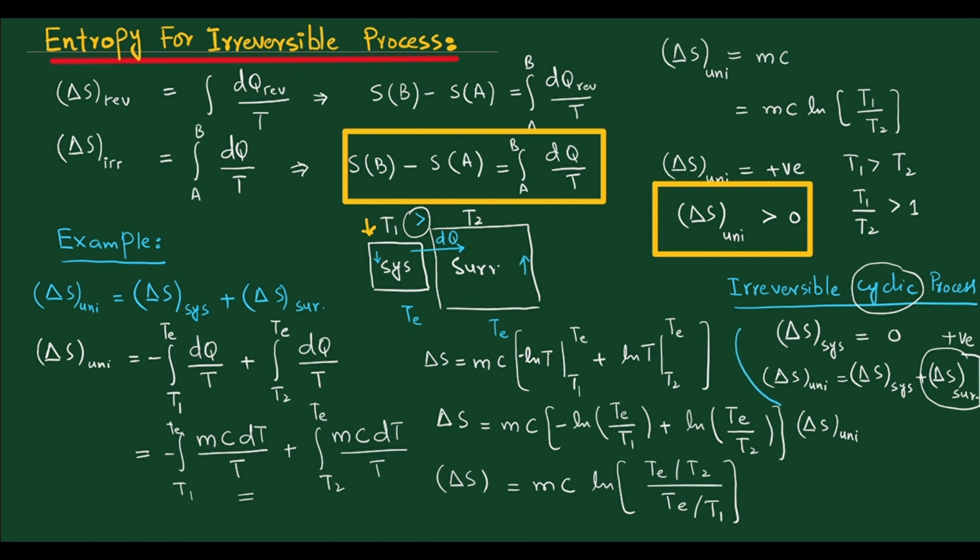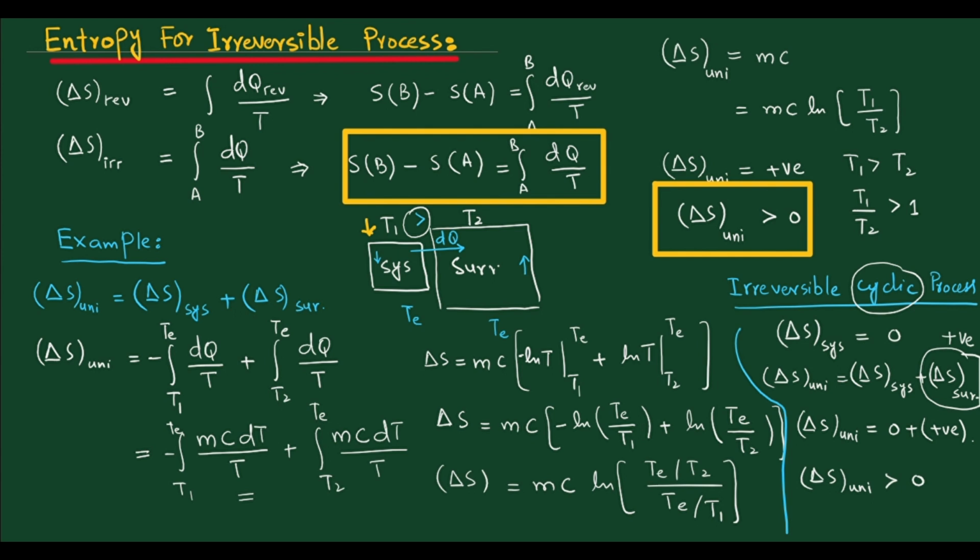We make a partition here. The change in entropy for the universe is equal to 0 plus the change in entropy for the surrounding, which is a positive number. From here we say that the change in entropy for the universe is greater than 0. From this discussion, we have concluded that the change in entropy of the universe may be greater than 0 or just equal to 0 for a reversible cyclic process.